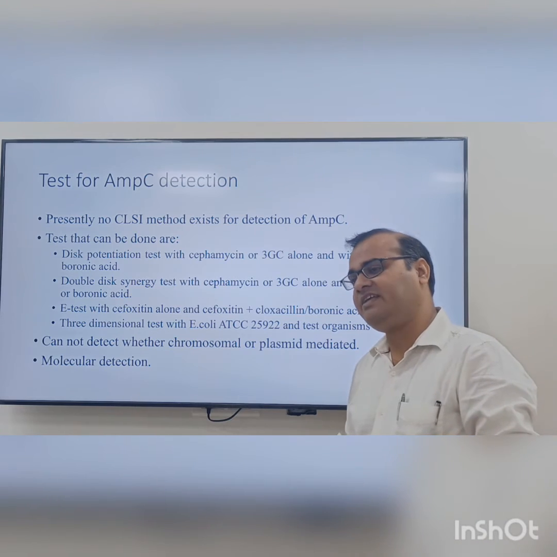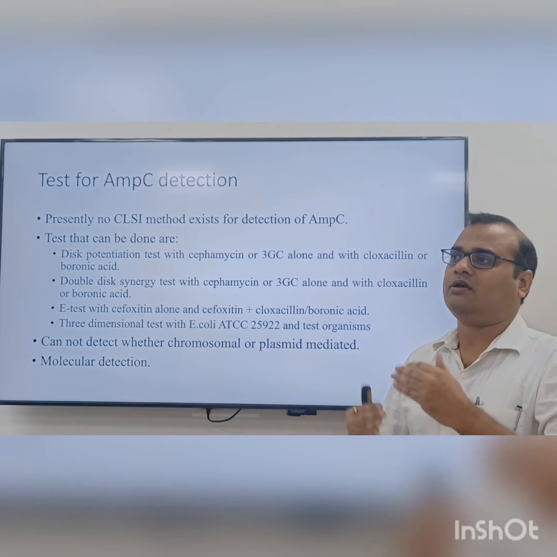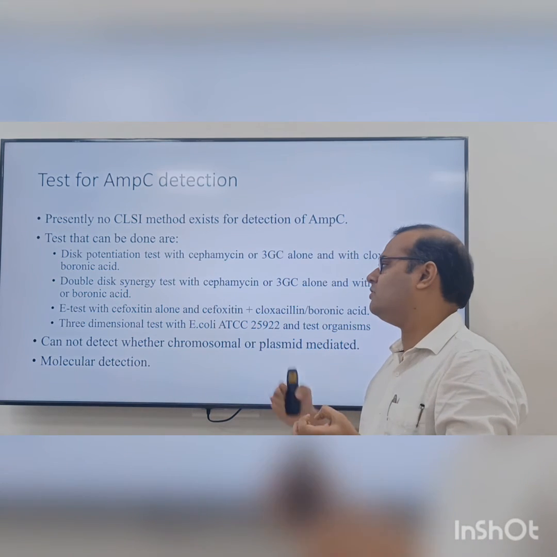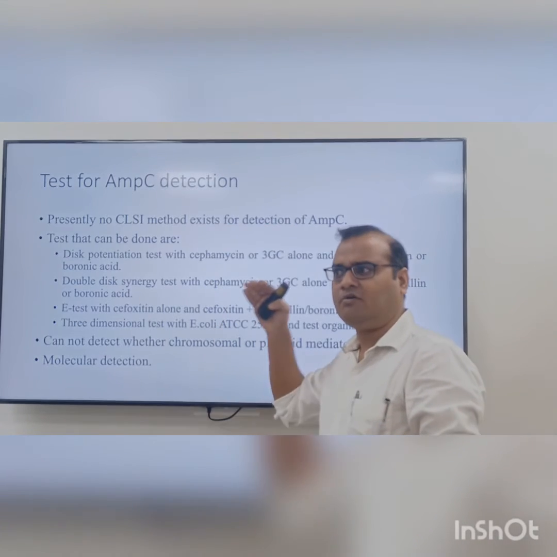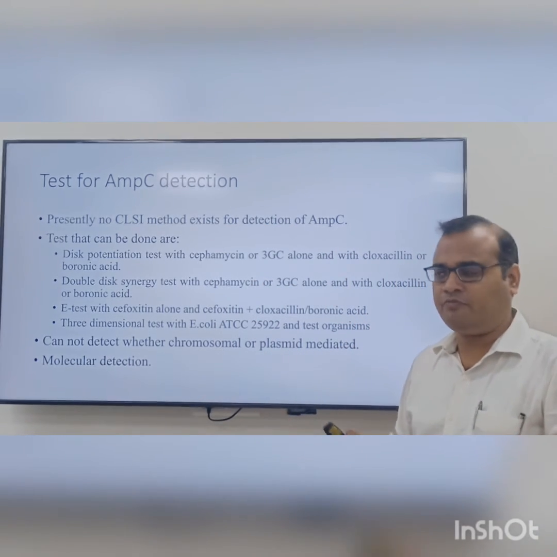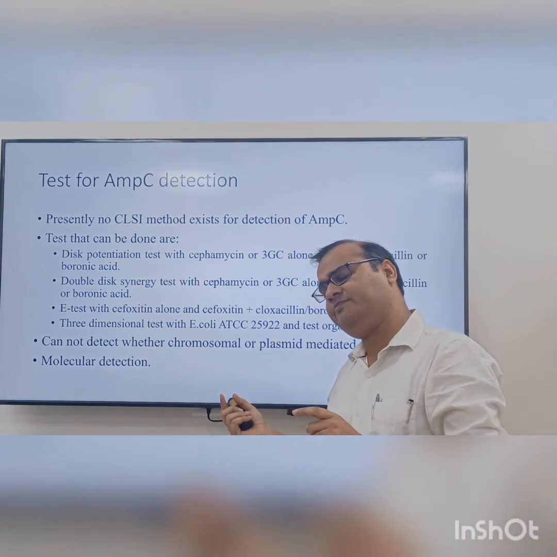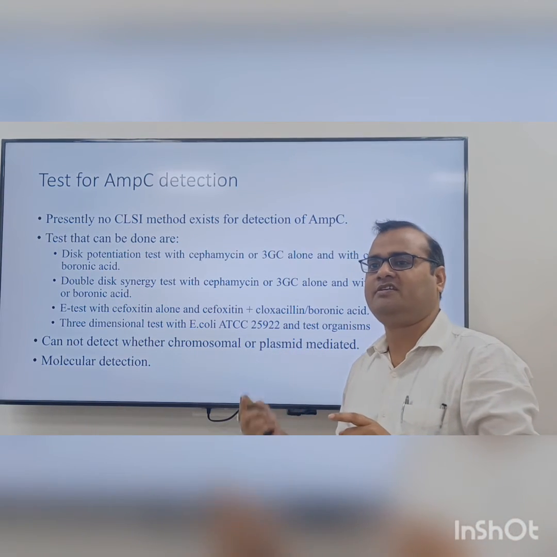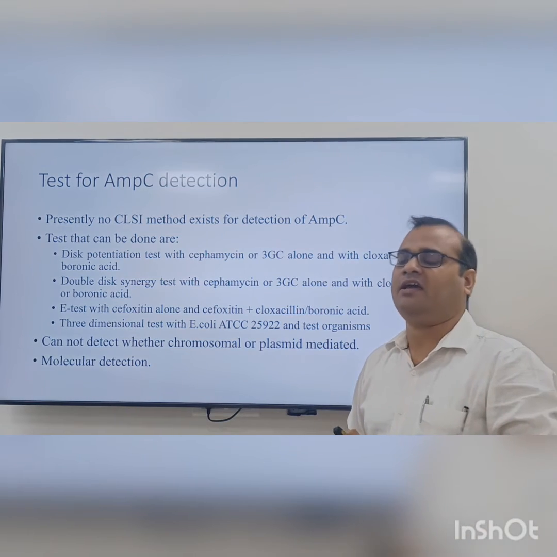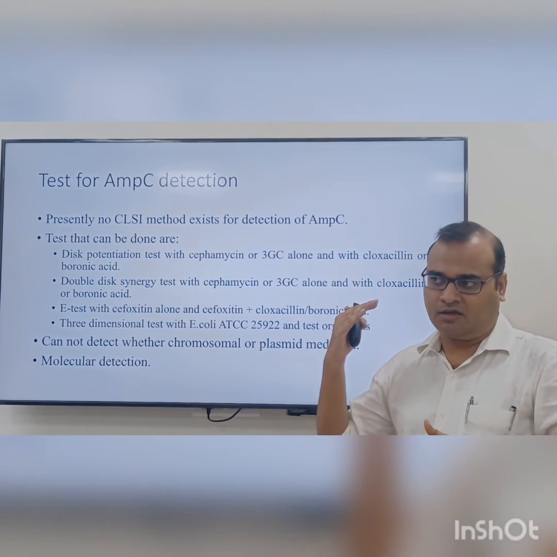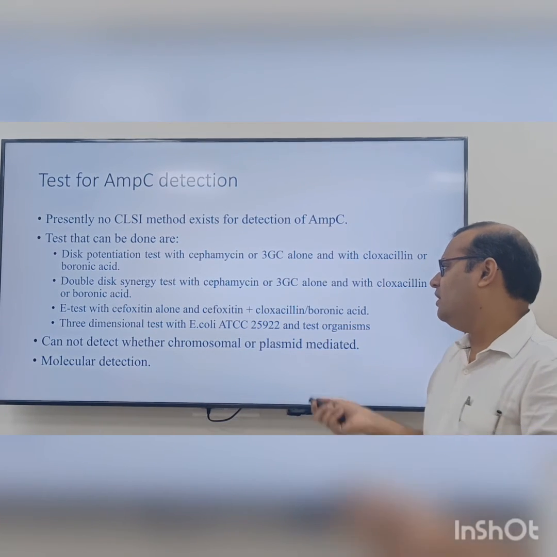If there is an increased zone, then we can tell that this is a positive double disc synergy test. Now, E-tests are also available with cefoxitin alone at one end, and on the other end cefoxitin with cloxacillin or boronic acid. A 3 dilution decrease in MIC will suggest that this is an AmpC producer.